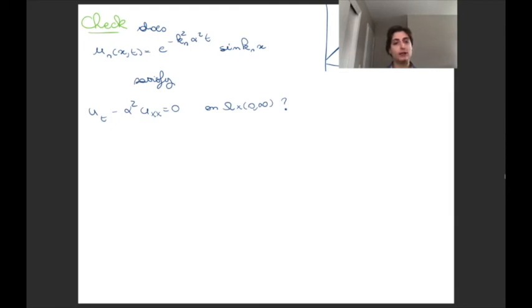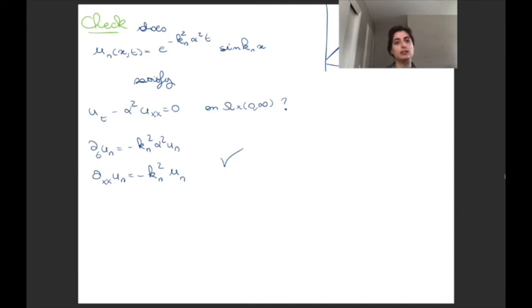Let's check that what we have done up to now actually meets the demands of our situation. So does our u_n solution satisfy the heat equation on omega times 0 to infinity? So are we doing the full loop? We can check, and yes, the first derivative with respect to time and the second derivative with respect to space differ by a factor alpha squared.